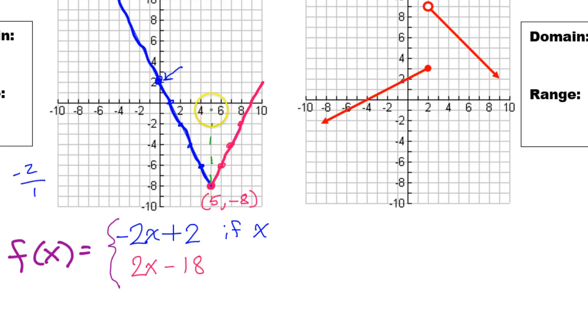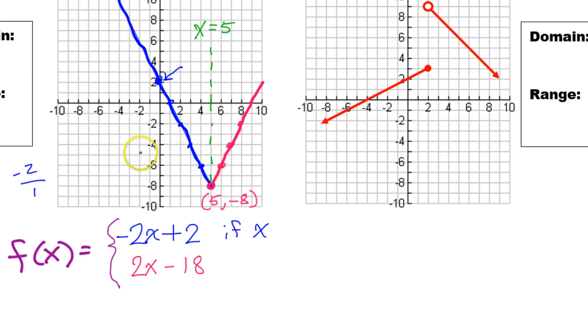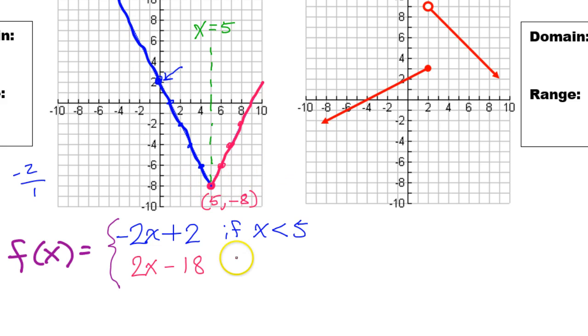All right, the line that splits this down the middle. This is the line x equals 5. So the blue part of this function is to the left of the axis of symmetry. So that's why I'm going to say less than 5, because it's to the left. The red piece is to the right of the axis. So I'm going to say if x is greater than 5.